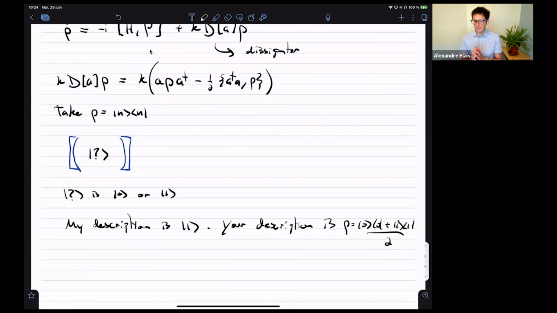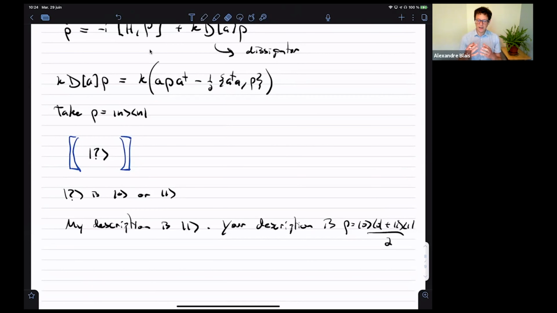That's already interesting. We're talking about the same physical system, but the state that I can assign to the system is different from the state that you can assign to it. So we have different states of knowledge about the system. You can already start to ask yourself, what does the wave function describe? Does it describe the physical system, or your knowledge of the state of the system? And whose knowledge does it describe?